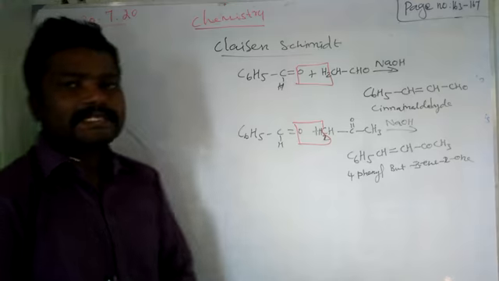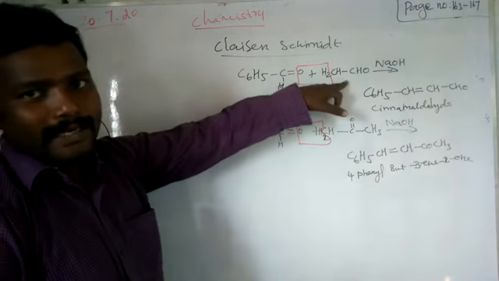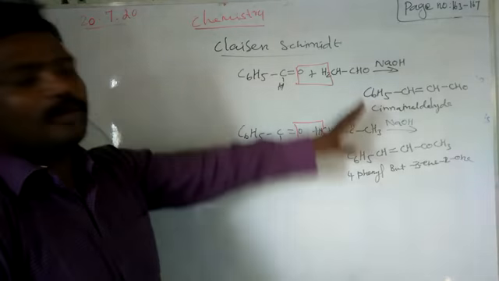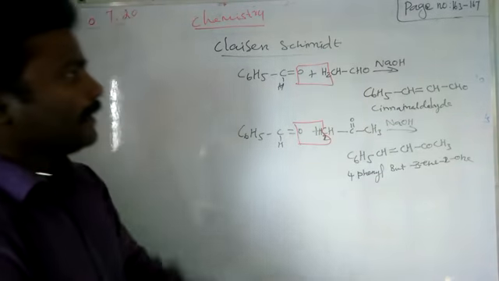Okay, so the Claisen-Schmidt reaction: aromatic aldehyde with aliphatic aldehyde or ketone. It will give an unsaturated compound, an unsaturated aldehyde or ketone.